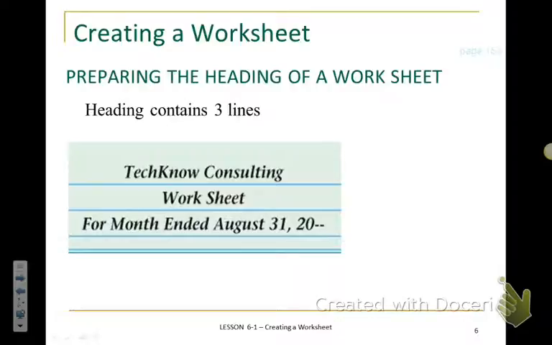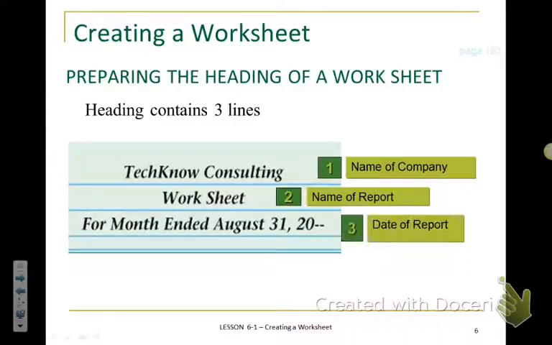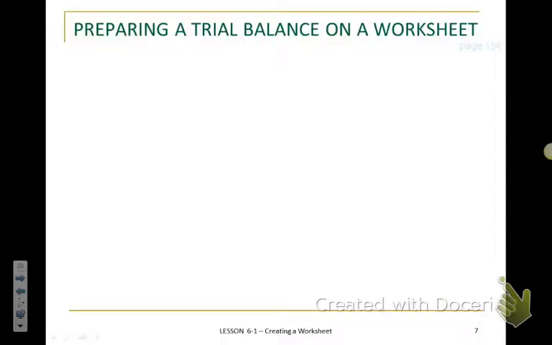Not a date in time, but a period. This is for the month ended August 31st, 2016. That's important to know because how long are we accounting for in this report? 1 month. It's not a year, it's not a quarter, it's 1 month. So we have name of the report, date, moving on.